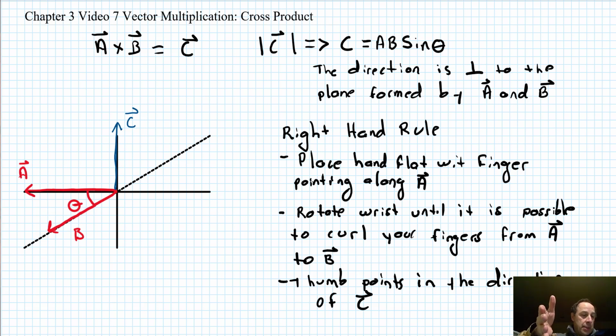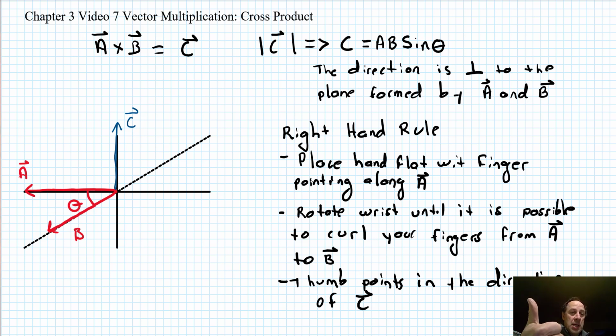So there's your hand outstretched. Okay, and so I'm going to put that in the direction of A. So I'm rotating my wrist until I get it in the direction of A as shown on my diagram here. And then my fingers curl in the direction of B. So they're curling in the direction of B, and C is the way my thumb points.